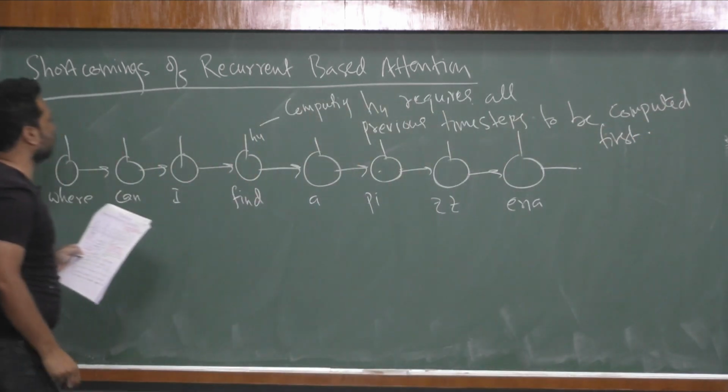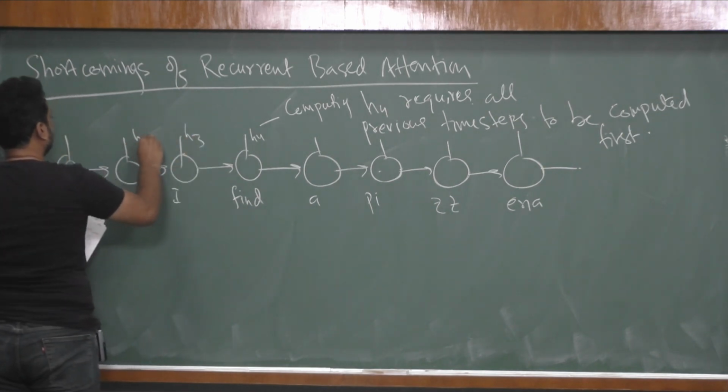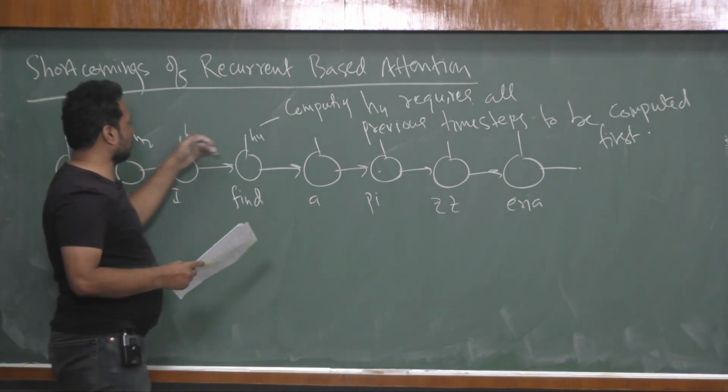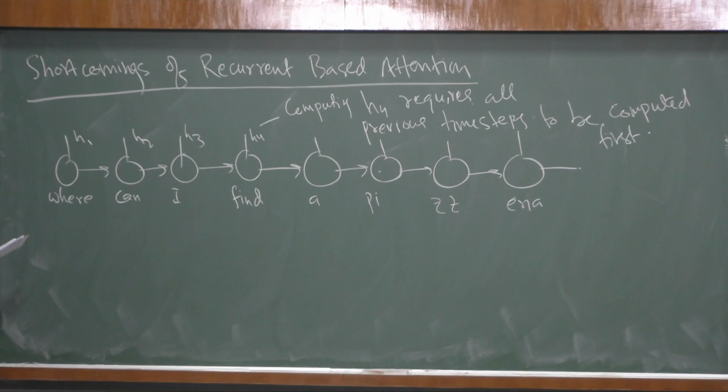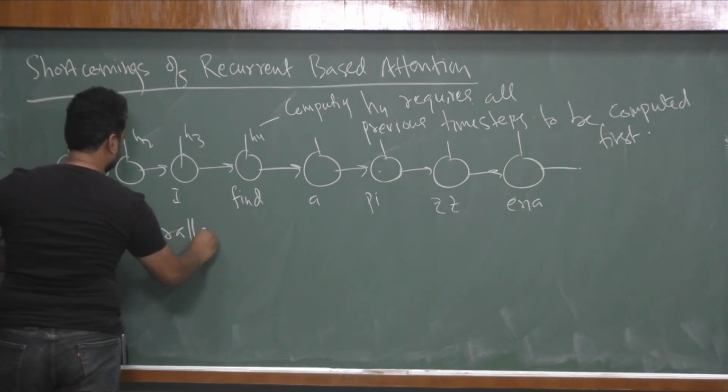In this case, I will need H3, H2, H1. What is the problem then? If I have to compute H4 and it indeed needs previous time steps, the problem is exactly this: it has a sequential nature, which essentially means that the computations can't be parallelized.